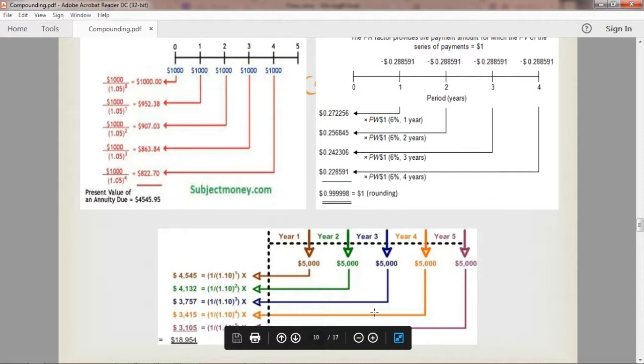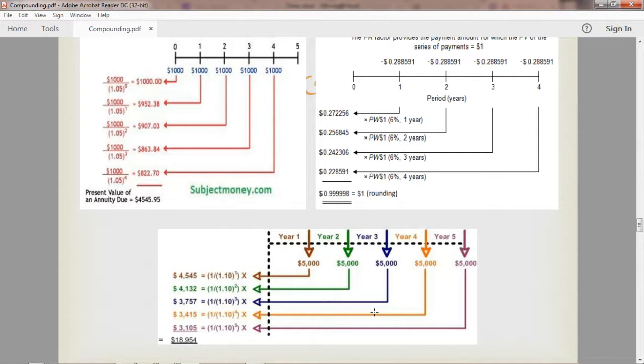Of course, cash flows are supposed to be in the future, because past cash flows don't mean anything to us. What is important to us is either the present value or the future value. There's no past value. It's already past. It's history. It doesn't give us anything. It's done.